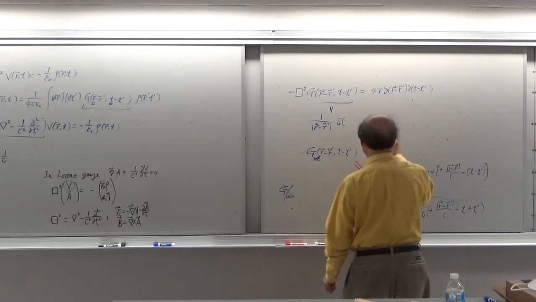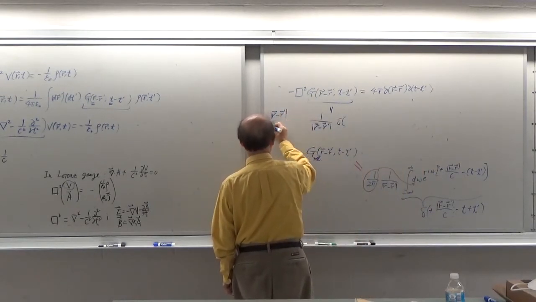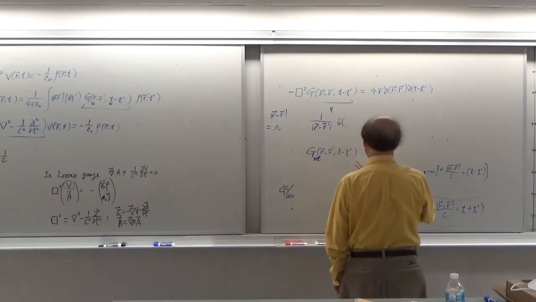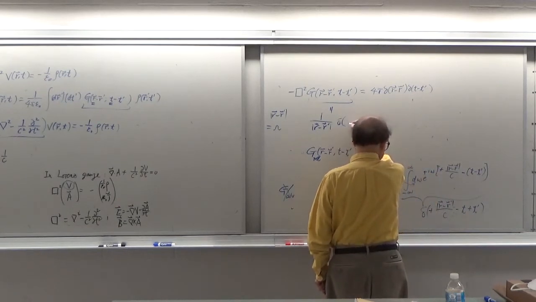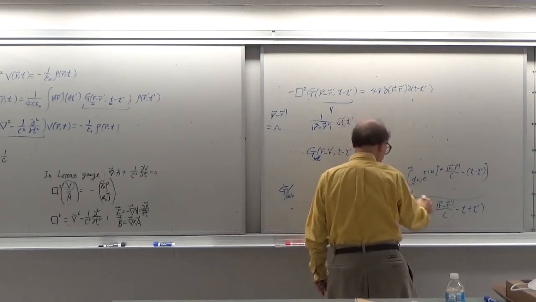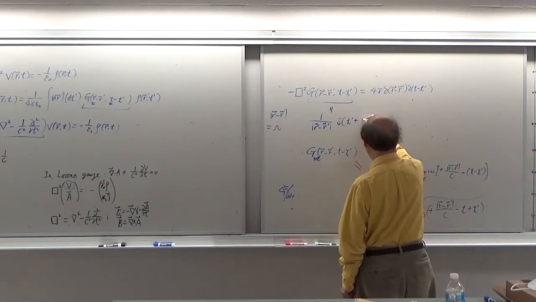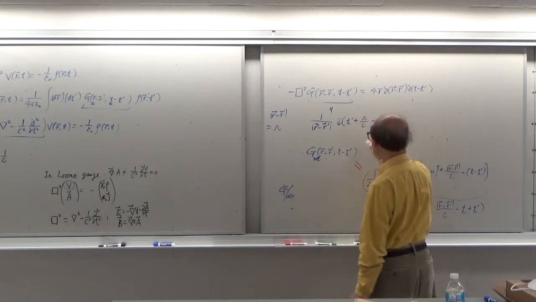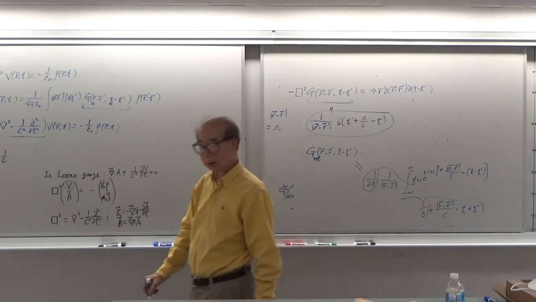And let me, as usual, write the magnitude of R minus R prime to be this R. So I have the delta function of T prime plus R over C minus T. That is the solution for the Green's function that we need.